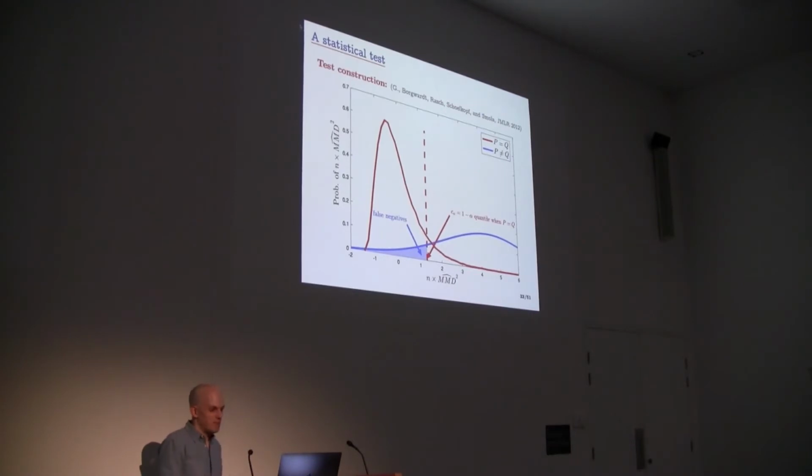That is correct. So let's say I have 20 samples, okay, and I have freedom to choose P. I could choose P to make this overlap huge. But as the number of samples goes to infinity, this error is going to go down to 0. So for a given number of samples, I can have an arbitrarily high rate of false negatives. But as the number of samples goes to infinity, that will drop to 0 at rate 1 over n, as it turns out.